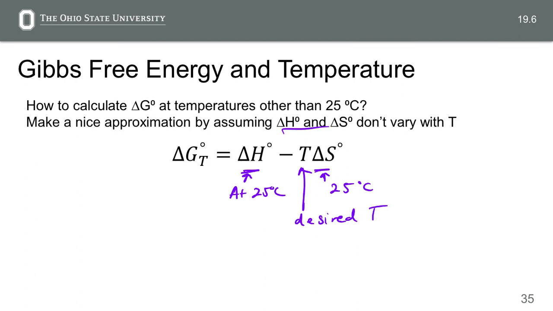That's an okay way of doing that. So if your table for entropy isn't valid at 1,000 degrees Celsius, it doesn't matter, use that value anyway. While delta H and delta S don't depend very strongly on temperature, delta G does vary greatly with temperature, and that's because of this equation.